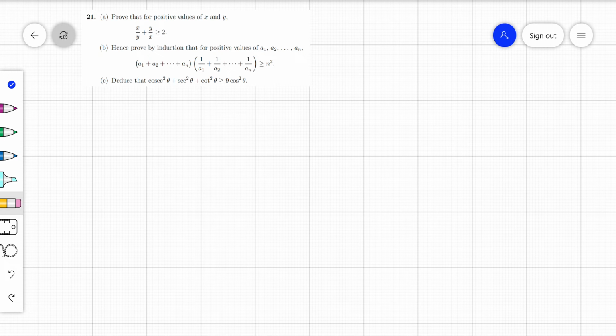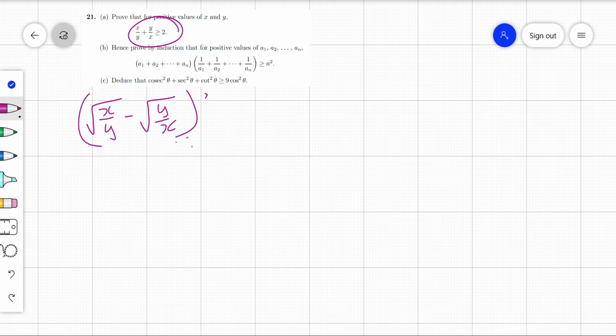All right, so we already know that to get this expression, we can use our AM-GM inequality with something like, if we want x on y plus y on x, we'll use the square root of x on y and the square root of y on x.